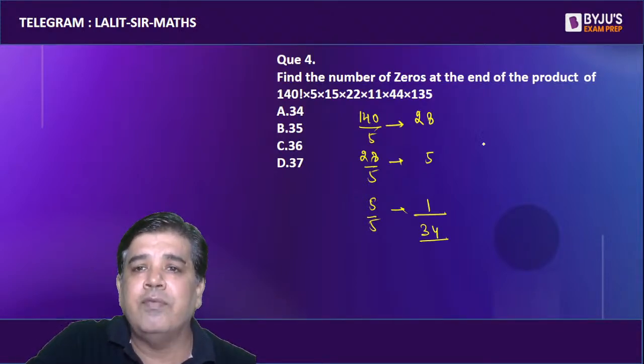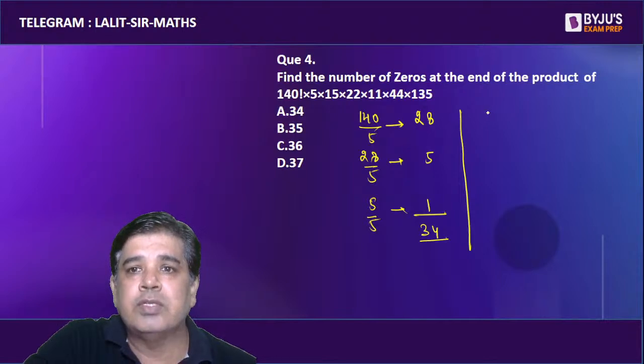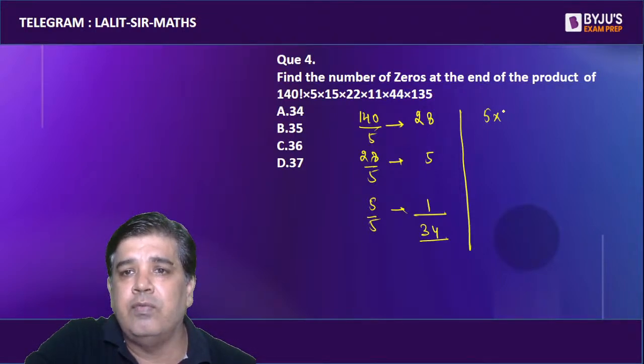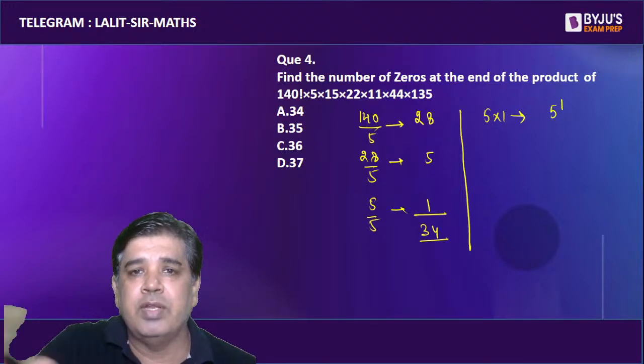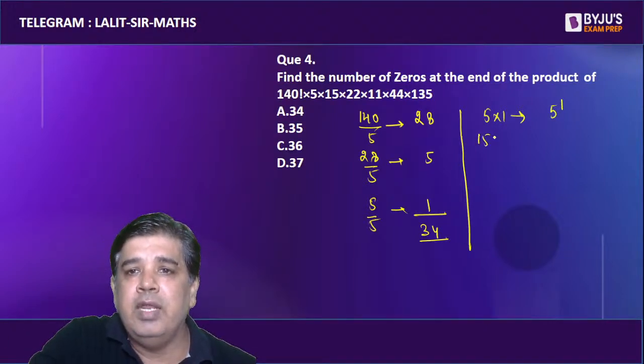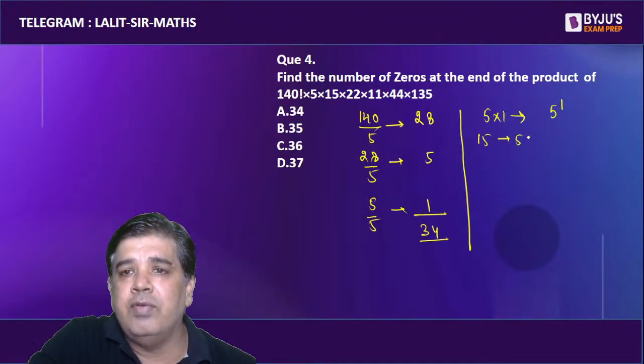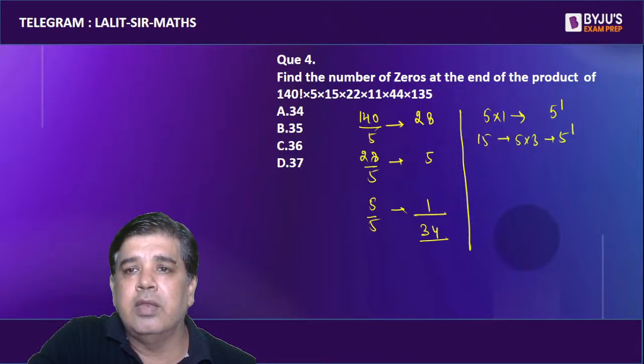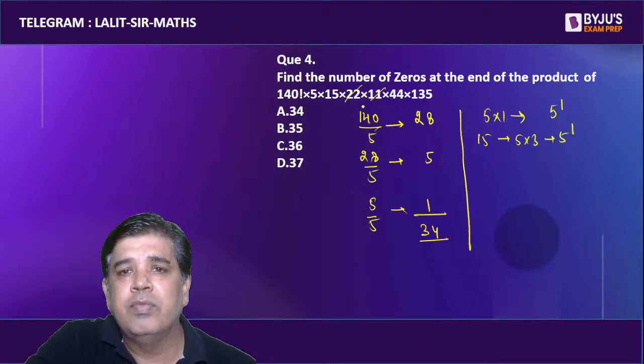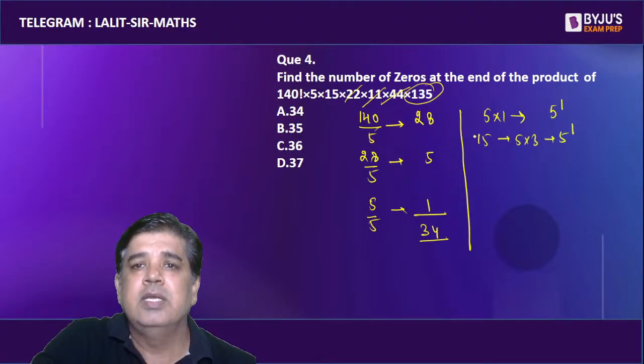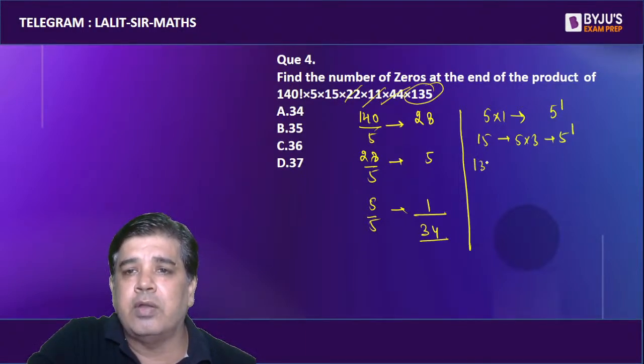But we have some other numbers also. First is 5 into 1, so the number of 5s is 1, 5 raised to power 1. In 15 again we have 5 into 3, so again there is one 5. In 22 we won't have any 5. In 11 there is no 5. In 44 there is no 5. But yes, 135 is a multiple of 5.